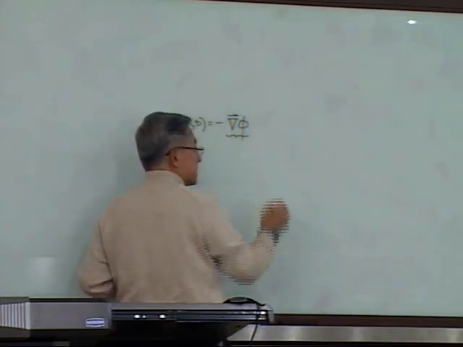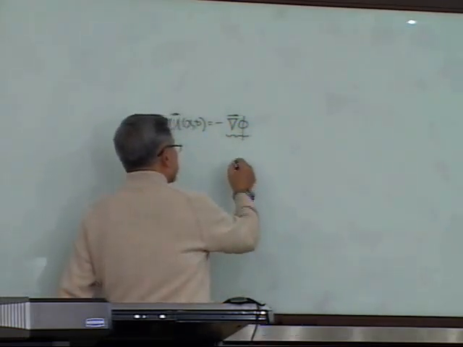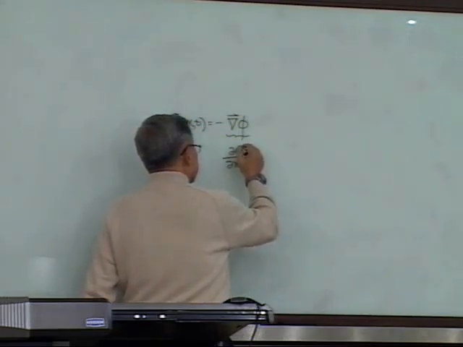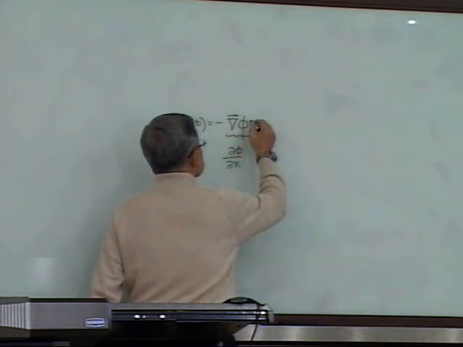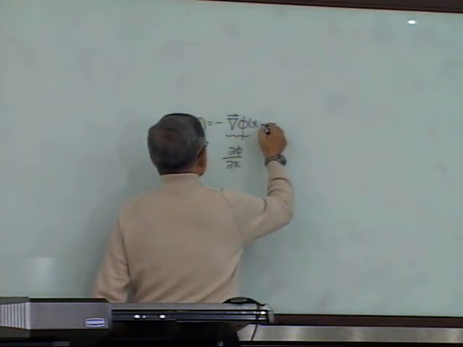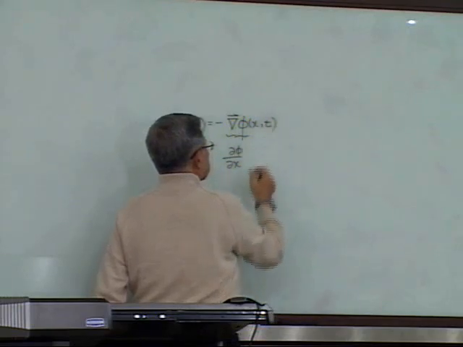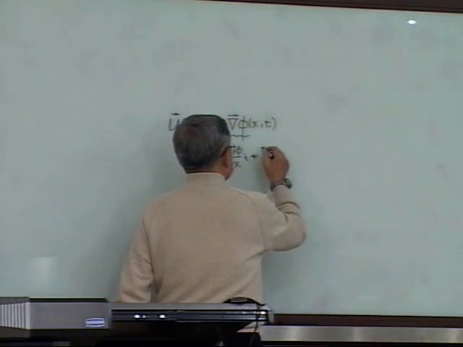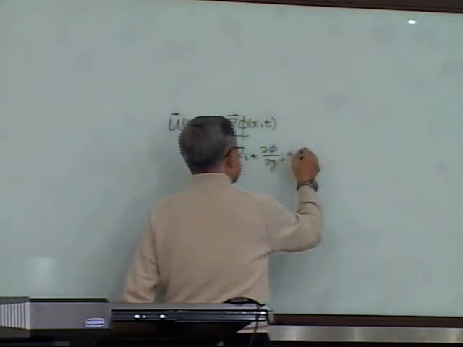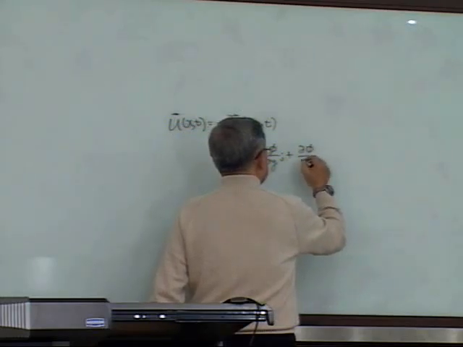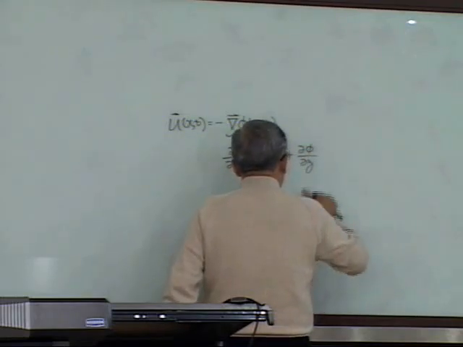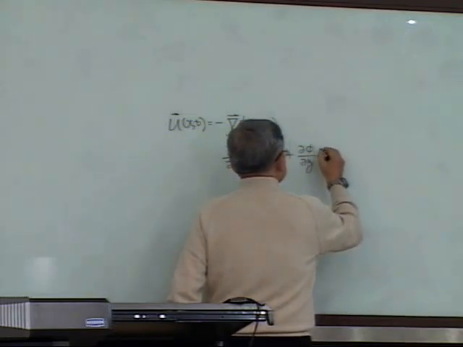The whole thing is a vector: del over del x of p, a function of x and t, i, plus del p over del y, j, plus del p over del z, k.